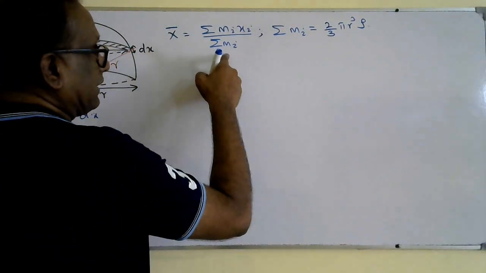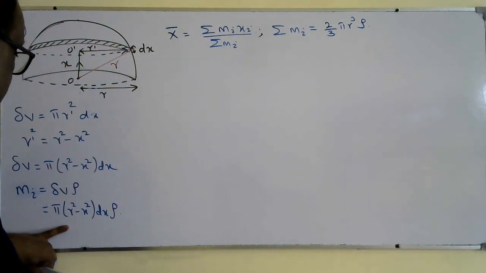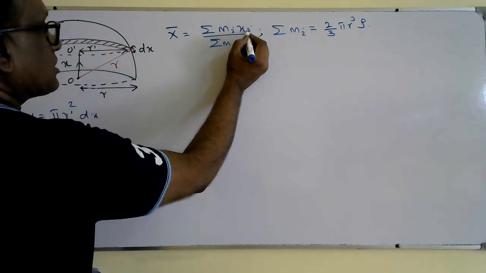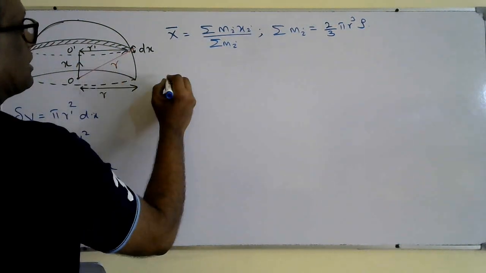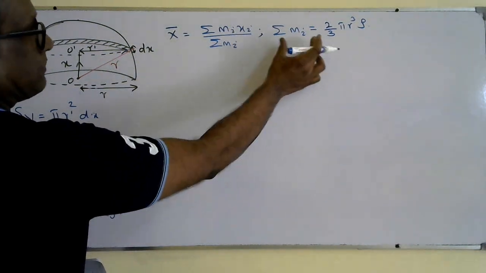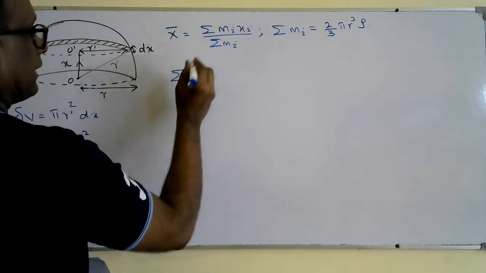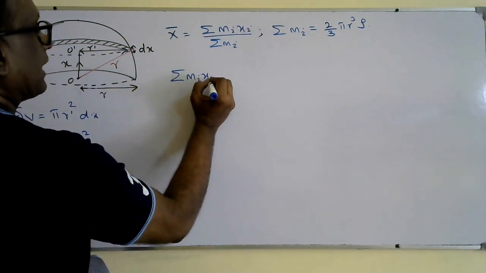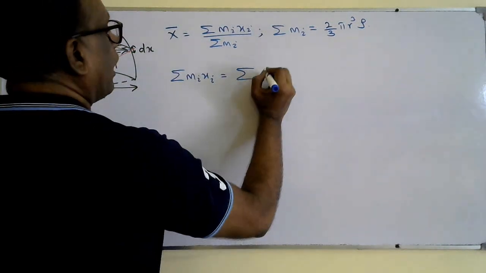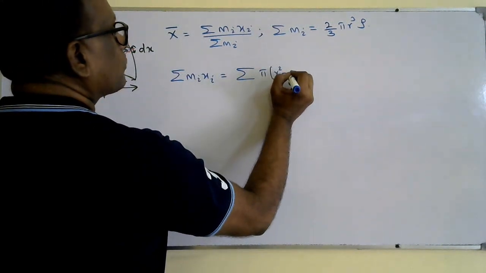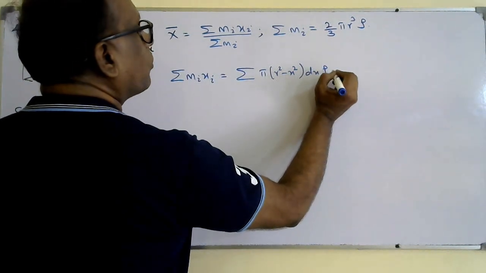I can substitute finally. mi is the mass of this particular disk, xi is the distance of the center of mass of that disk from O, that is x. So for the numerator, sigma mi xi is equal to sigma pi (r squared minus x squared) dx rho into x.